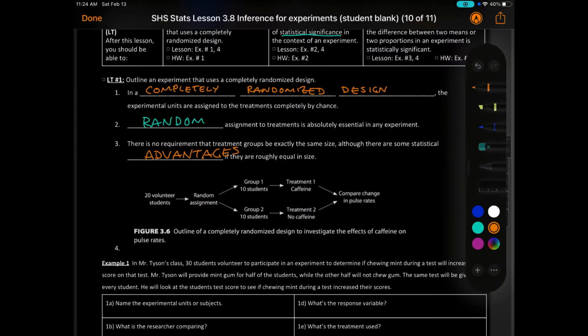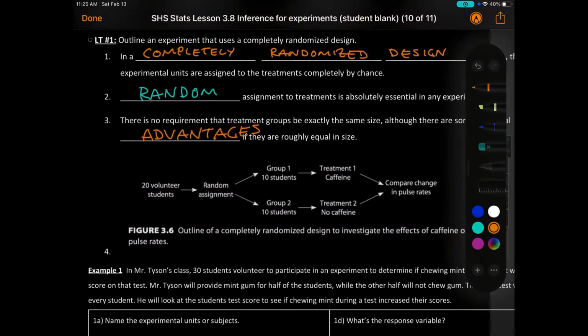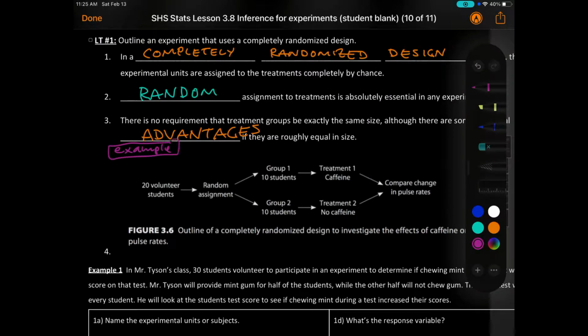So I want to talk about some vocabulary words in this below. This is a completely random design. This is an example. And I just want to annotate a couple of things that we see here. These are called our experimental units.